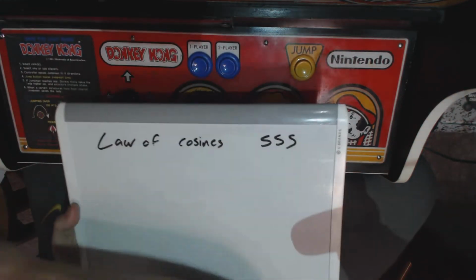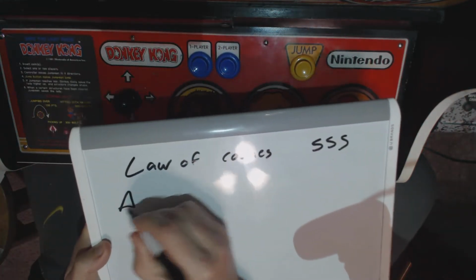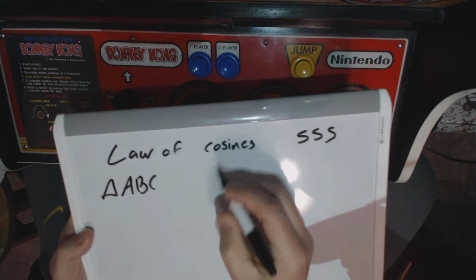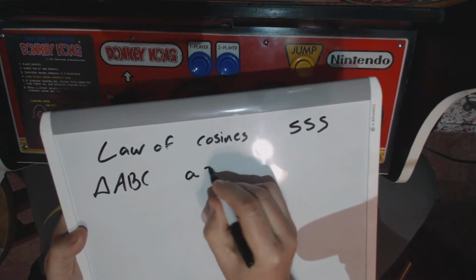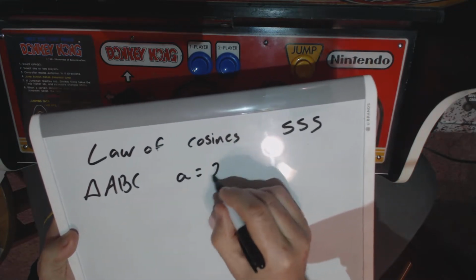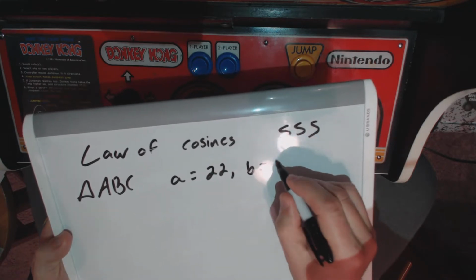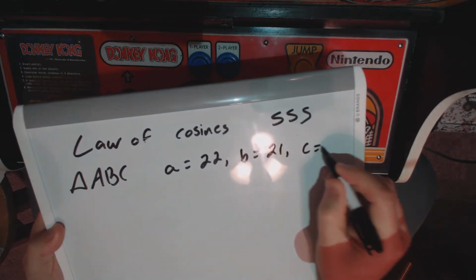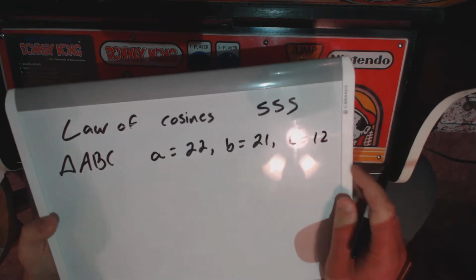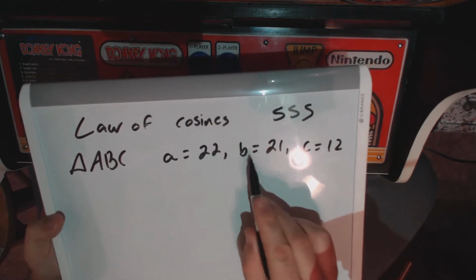So let's say we got a triangle ABC, and let's say A is 22, B is 21, C is 12. What you notice here is they give you three sides.